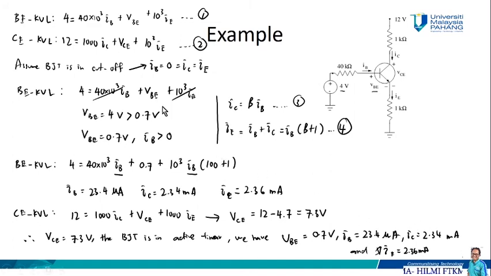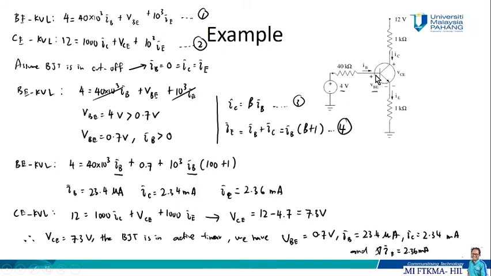Okay, remember we need to start by creating equations using KVL between the base and the collector to the common terminal. In this case, the common terminal is the emitter.